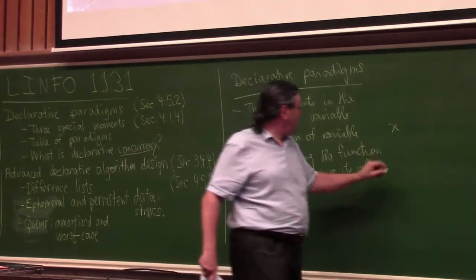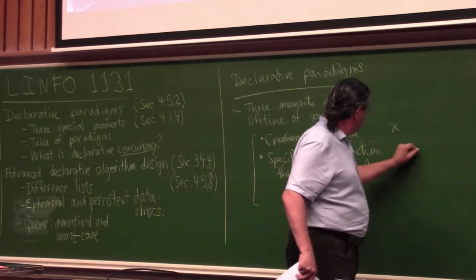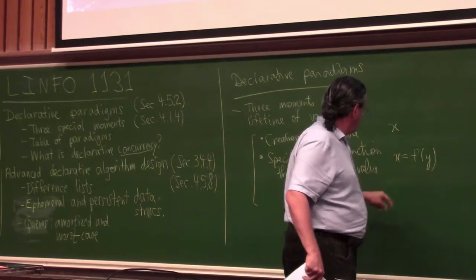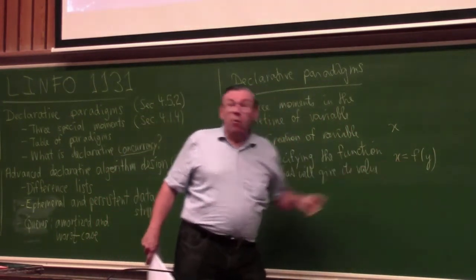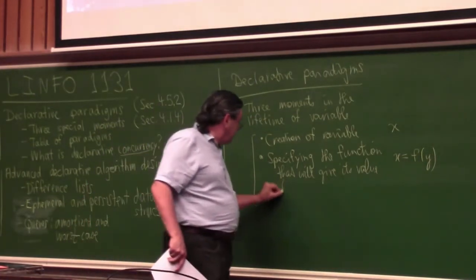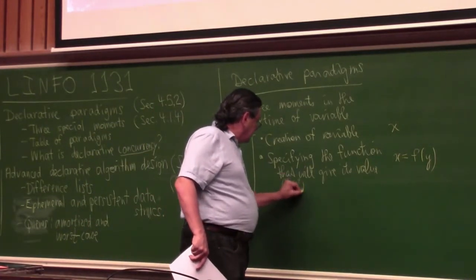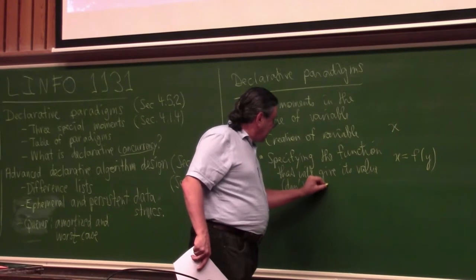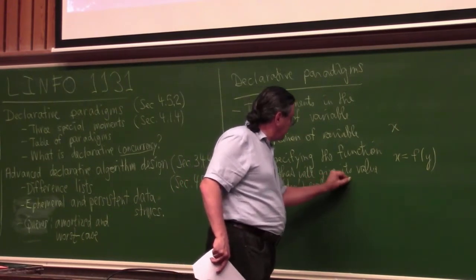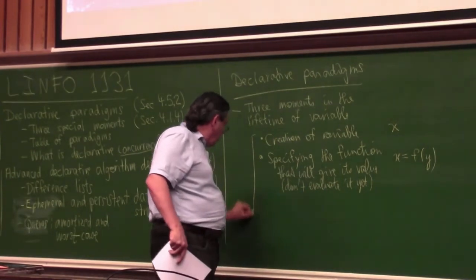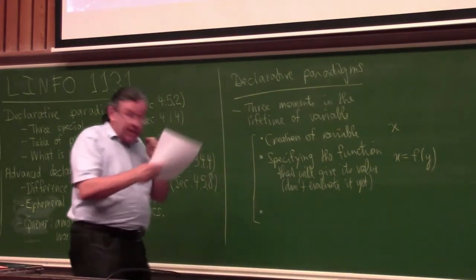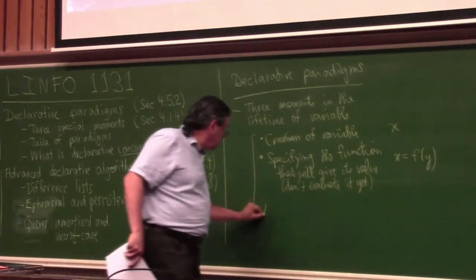It's not an identifier. And I can do x is equal to f of y. But here I specify the function, it's f. But I don't evaluate it yet. I just say which function it is. I just define it. And the third moment is when I actually evaluate that function.